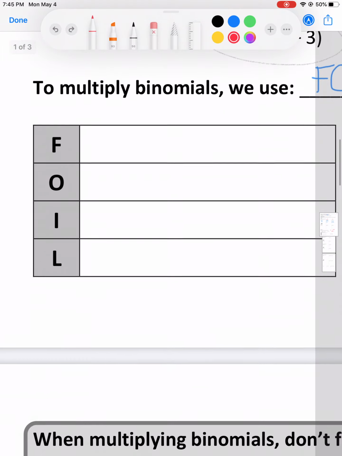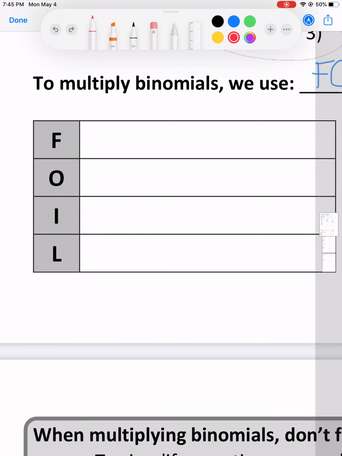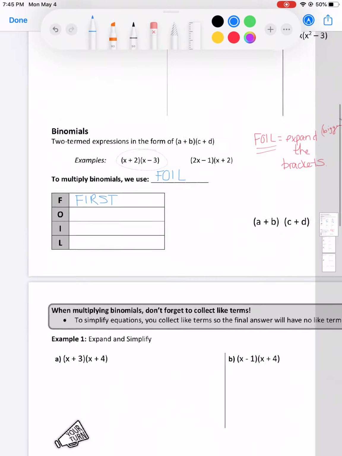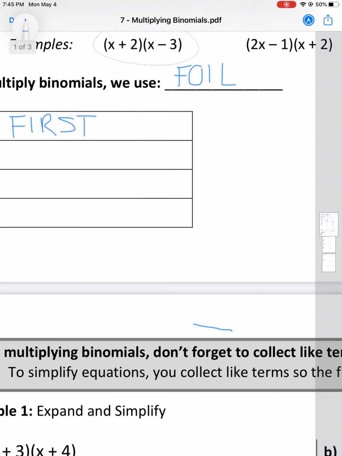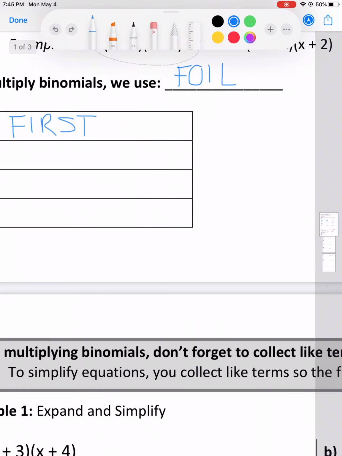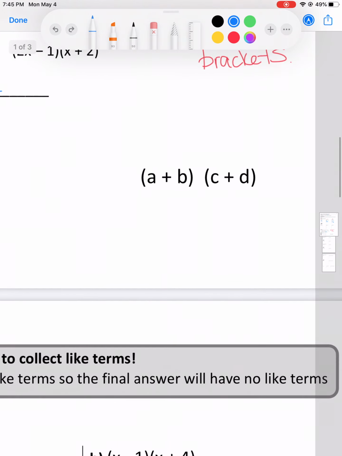Okay, F. FOIL. F means first. What does that mean? It means we look at both of our brackets and we're looking at the first term.